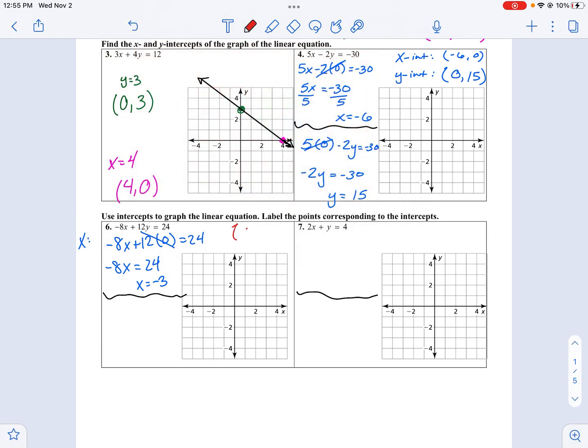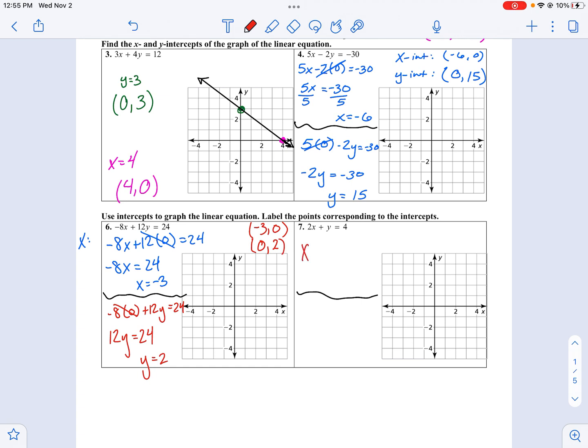So my x-intercept is negative 3, 0. For the y-intercept, set the x equal to 0. You get 12y equals 24, or y equals 2. So you'd get 0 for x, 2 for y.